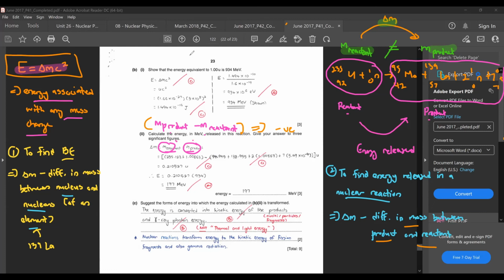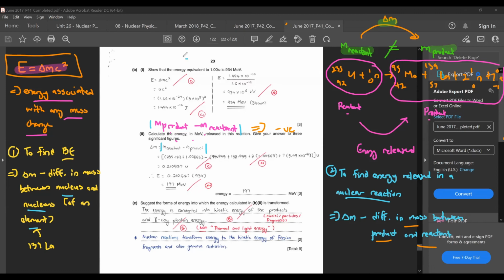But what I mention to some people is that if you are really concerned about the negative, or about which one should minus which one, you can just put a modulus sign. If you have difficulty memorizing which one should minus which one, a modulus sign means it doesn't matter which one minus which, you will always get a positive value.